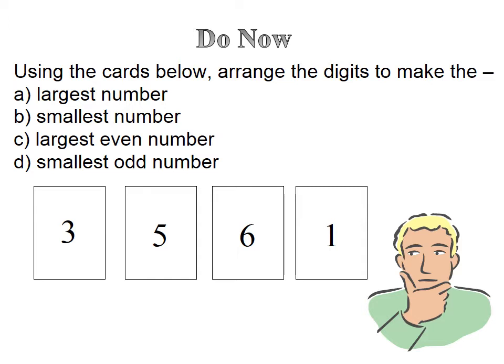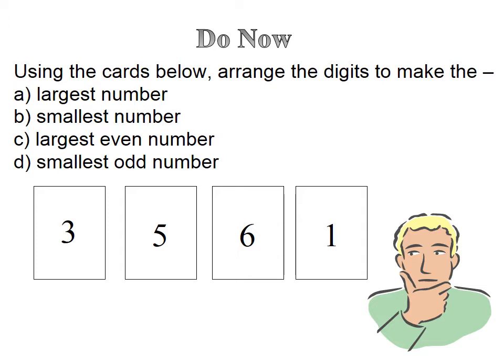How did you get on? The largest number you could have created with these four cards was 6,531. The smallest possible number was 1,356. Now the largest even number had to end in a 6. It was 5,316.